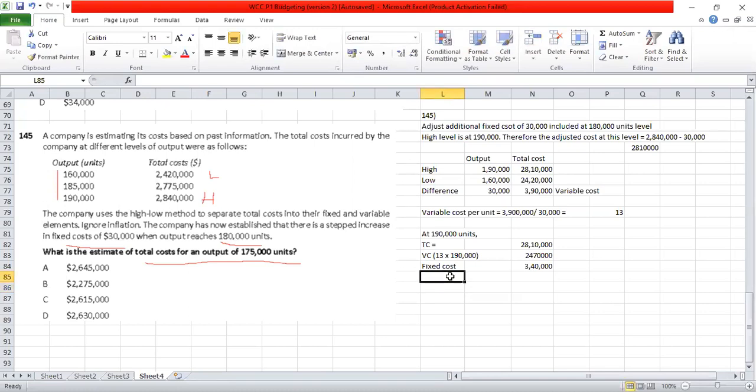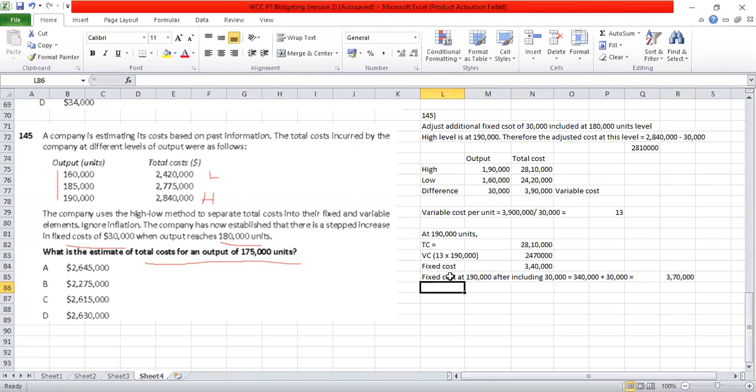Let's also mention that fixed cost at 190,000 after including 30,000 would be 340,000 plus 30,000. This is applicable only from the output levels starting from 180,000 units.